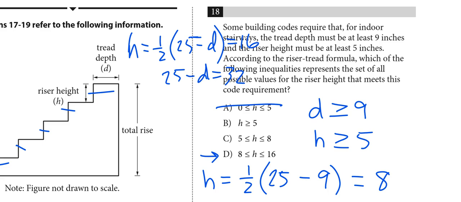That does not make sense, does it? I double both sides and I get 32. That would make my depth negative 7. That does not make sense, does it? So there's no way.